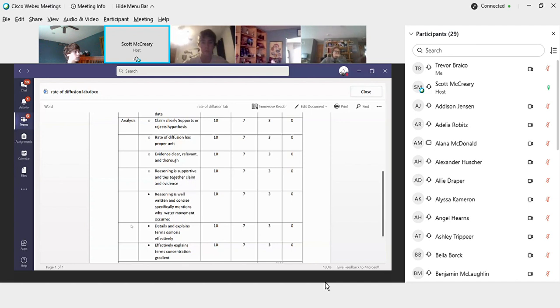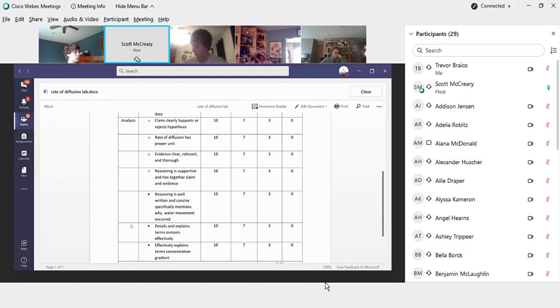The reasoning too, notice it ties the claim and the evidence together. So you have to make a link there. But the hard one is reasoning is well written, concise, and specifically mentions why water movement occurred. Let's just make sure we all understand it. Why did the water move?